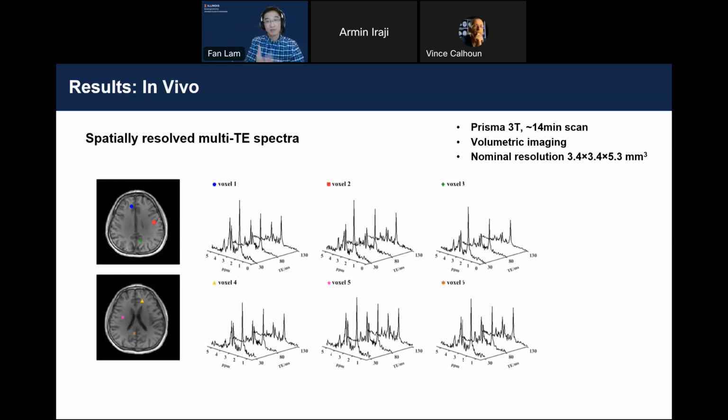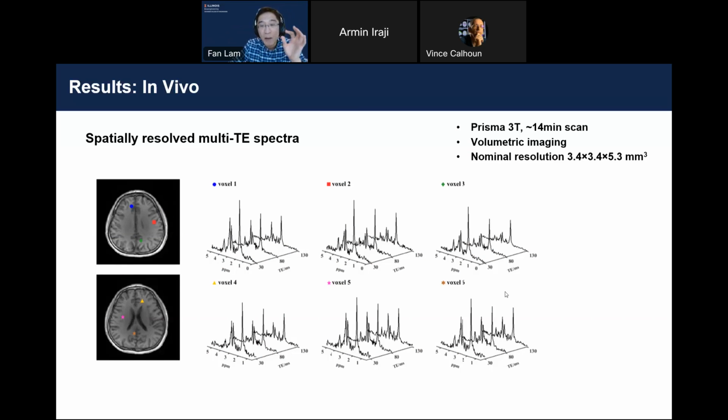We also tried to develop this in vivo, acquiring data based on this experimental design. Here are some experimental results from a healthy volunteer. This is a 14-minute scan. You can achieve 3.4 by 3.4 in-plane resolution, and produce very high quality spatially resolved multi-TE spectra, clearly showing the T2 decay and the J-coupling evolution.